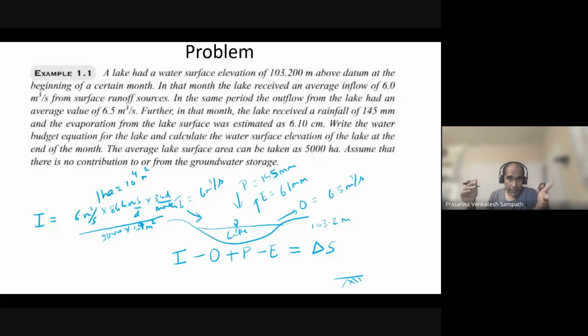It could be a lake, it could be the campus, it could be a watershed. Now, again, you might not be familiar with the term watershed. We will talk about that in the coming lectures. Anyway, the idea is that this concept of writing a water budget equation can be done for any spatial unit of any size. There is no limitation on that. You can write a water budget equation for a soil sample, right?